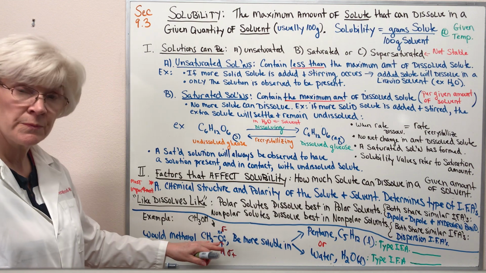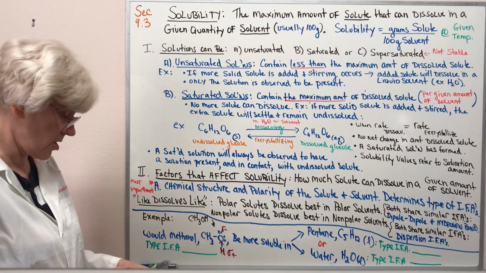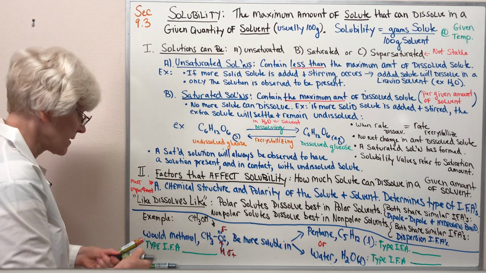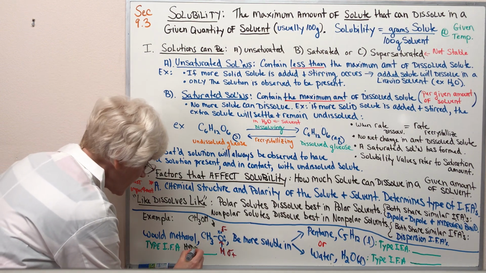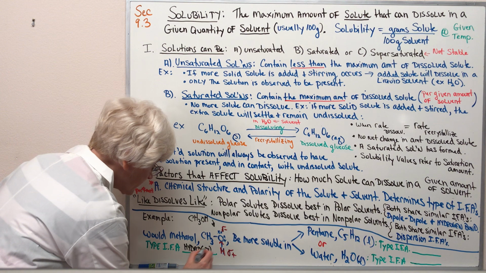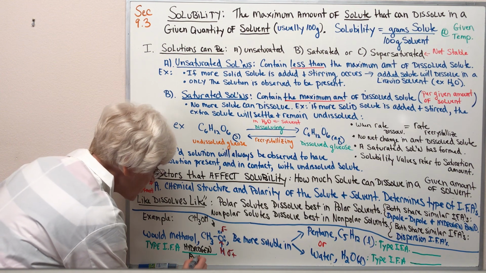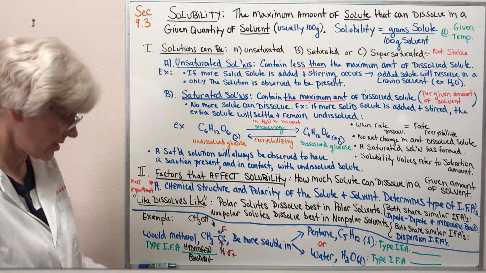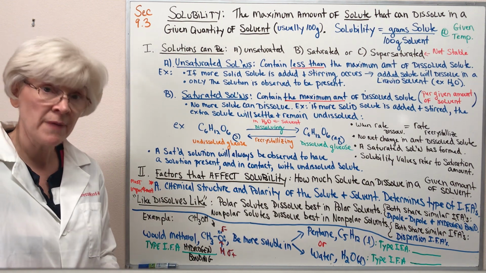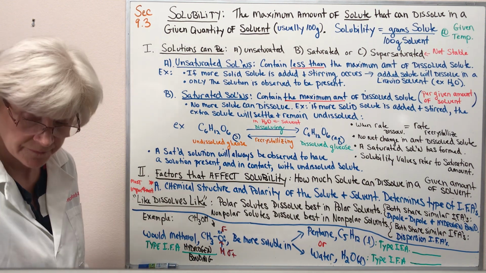So within the pure substance methanol, the strongest intermolecular force of attraction would be hydrogen bonding. Hydrogen bonding is the strongest intermolecular force of attraction operating and holding methanol molecules together.